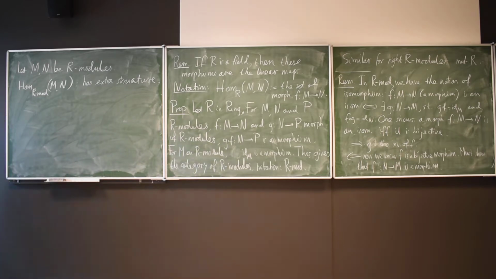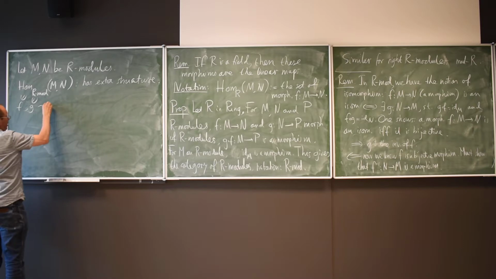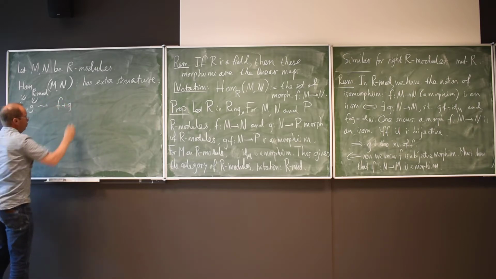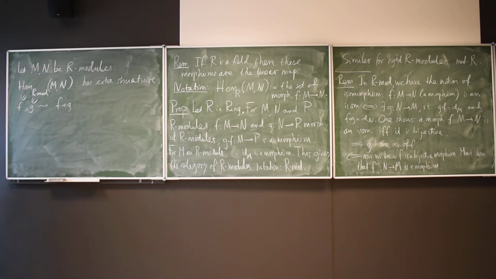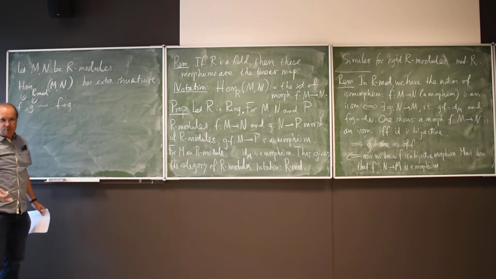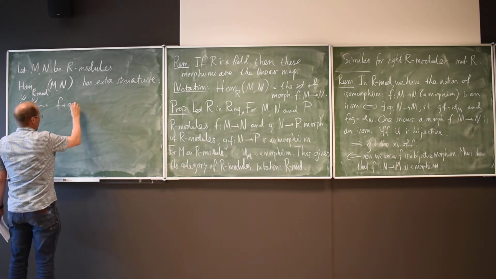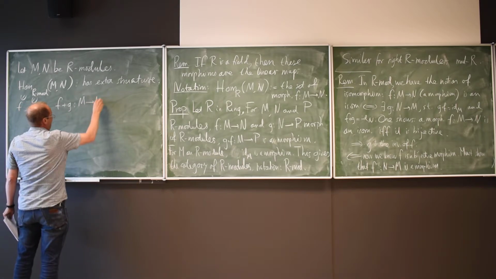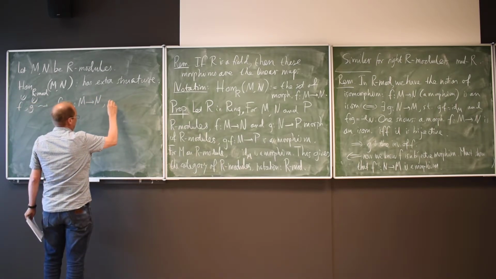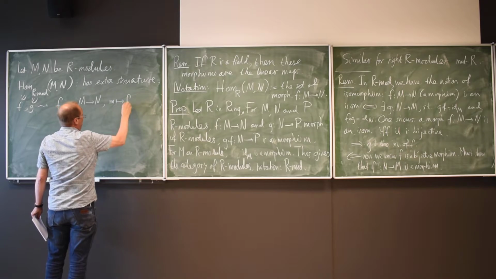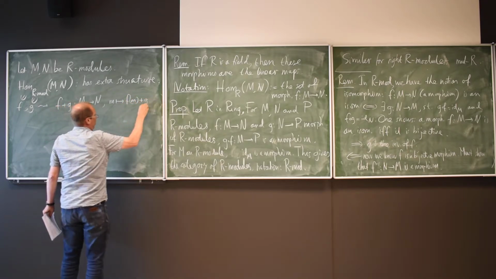For one, we can add. If you have F and G, two elements in it, this gives us an element that we call F plus G, and it is pointwise addition, just as in the case where M and N were abelian groups. So F plus G should go from M to N, and it is pointwise addition, so m goes to F of m plus G of m.